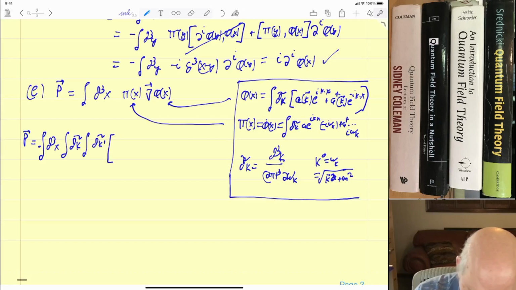This is not a commutator, this is just a bracket. a k e to the i k dot x times minus i omega k, plus a dagger k e to the minus i k dot x times i omega k.